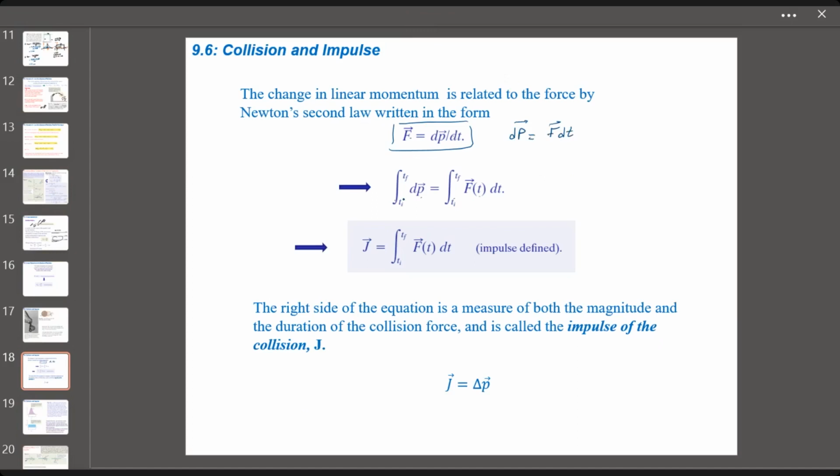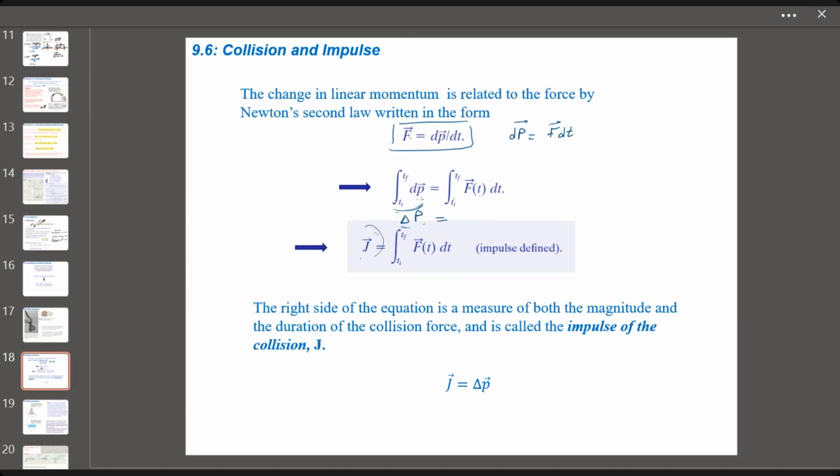I will define this left side to be the change in momentum, right? This is none other than delta P. And this, I will solve according to what the force is in terms of time and so on. We'll have to solve that. This change in linear momentum, delta P, I will name the impulse J. So this is a measure of how the force is integrated over time during a certain collision.